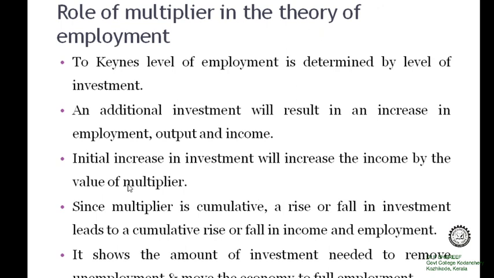Now we can conclude the role of multiplier in the theory of employment. In the Keynesian model of employment, output and income, the effective demand determines the level of employment, income and output in the economy.